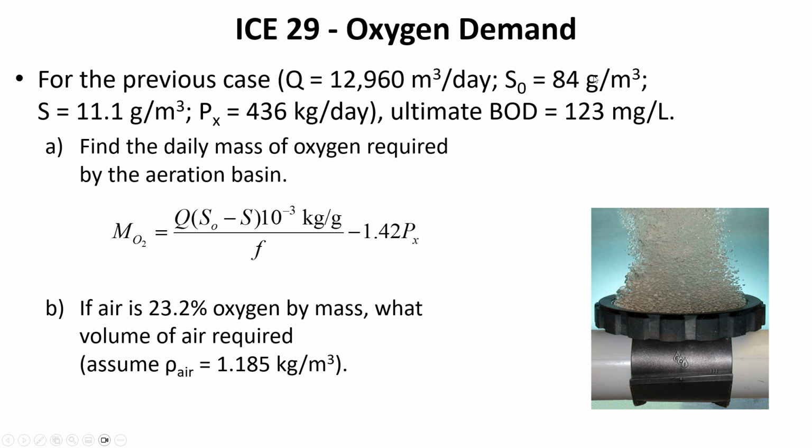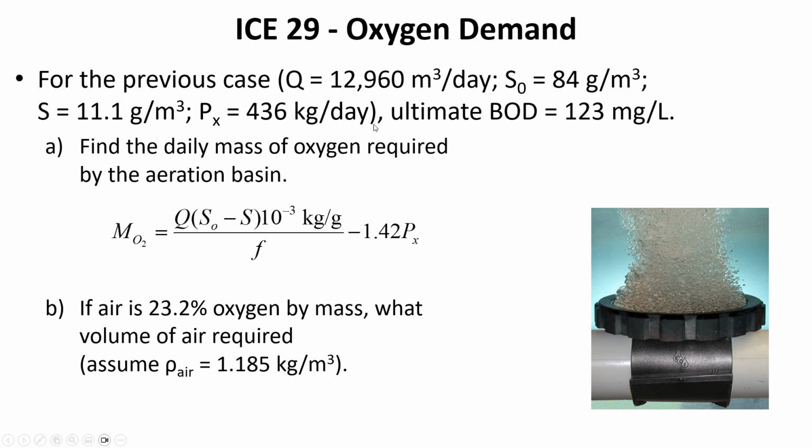The incoming soluble BOD 5 is 84 grams per cubic meter. Remember that grams per cubic meter is the same as milligrams per liter. Just they're off by 1,000 in both the numerator and the denominator. So 84 grams per meter is what's coming in. The secondary treatment is knocking that down to 11.1 grams per cubic meter.